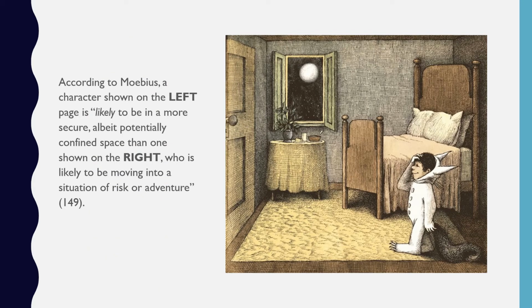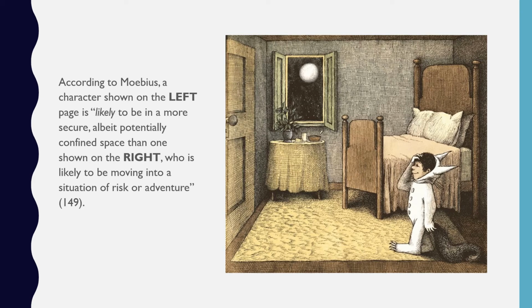This is one of the last double page spreads in our text. So the same question, although Max is featured on the right side of the page, he's moving towards the left. So it almost seems as though he still has the potential to be adventurous, but he is using his own self-agency to move back towards the left into a more secure location, that of the safety of his home and the safety of his mother.